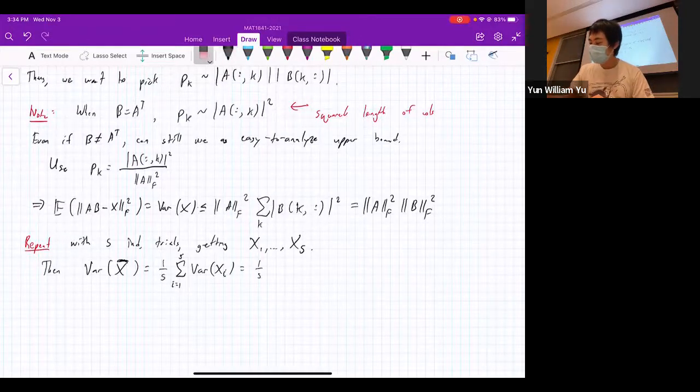Just a moment, I think I did something wrong there. Anyway, because it's a sum over all those, the variance decreases with the number of times you try it. So you end up getting 1 over s times the variance of x, which is of course less than or equal to 1 over s times the two Frobenius norms squared.